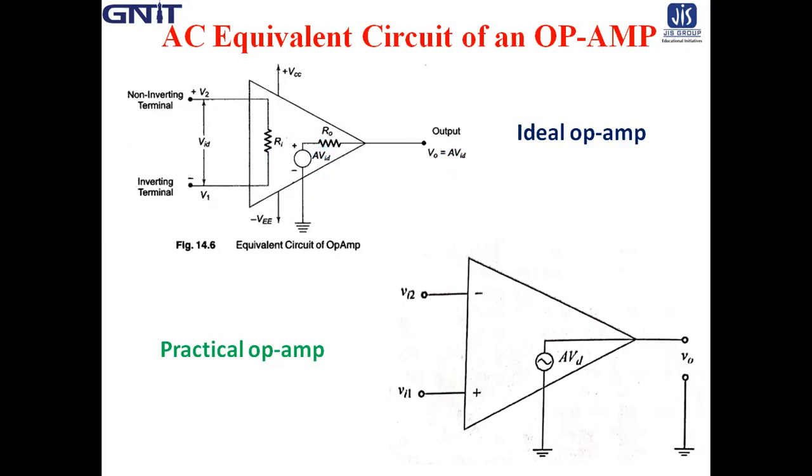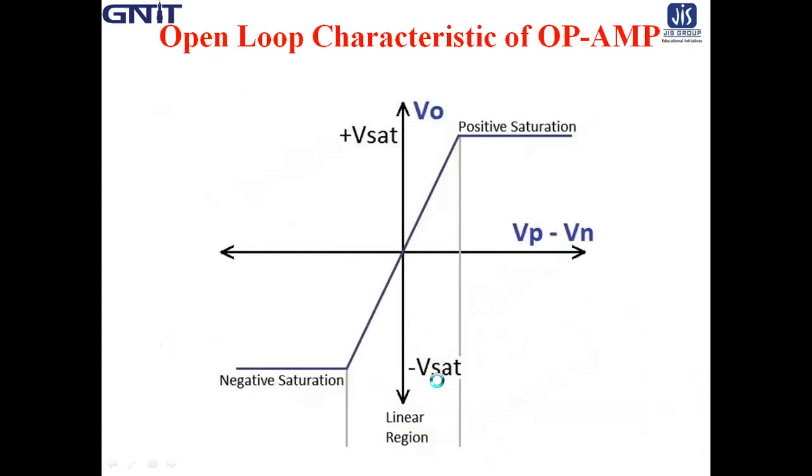The gain A is typically very high, and for the difference signal, it is the voltage gain. And this circuit is the practical op-amp circuit, where input resistance is almost negligible. This is the open loop characteristics of op-amp.